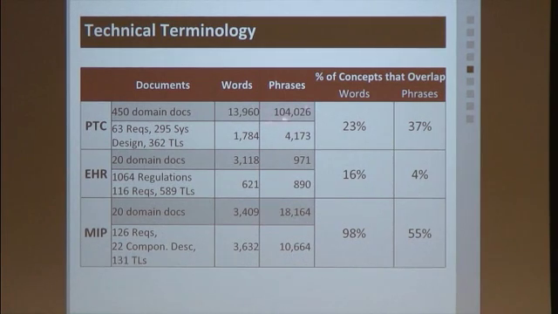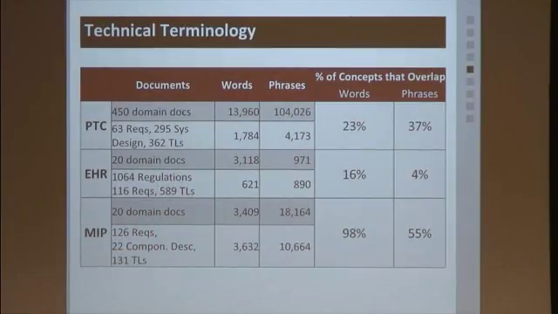And then we did the same with a small subset of requirements and artifacts from the system. You can see that there wasn't really much overlap. So a large percentage of the nouns and noun phrases found in the software artifacts were not in any of those 450 design documents. So basically unseen concepts.